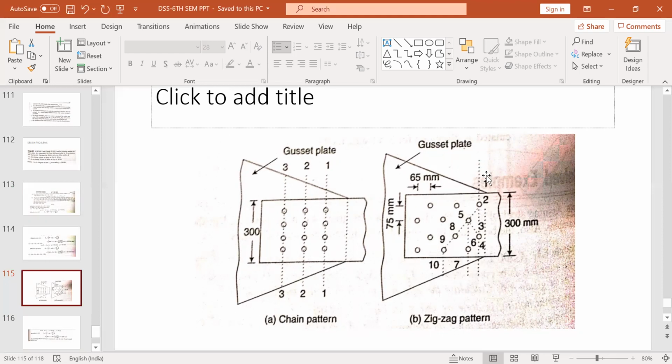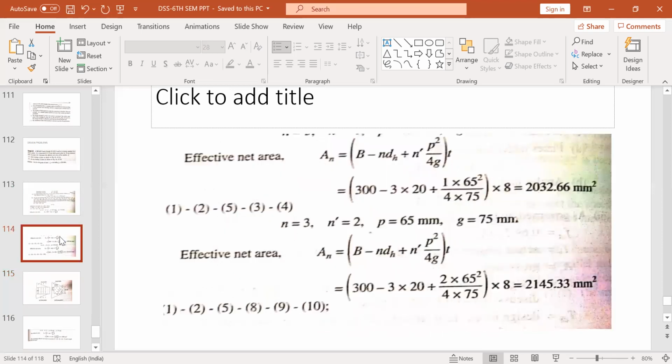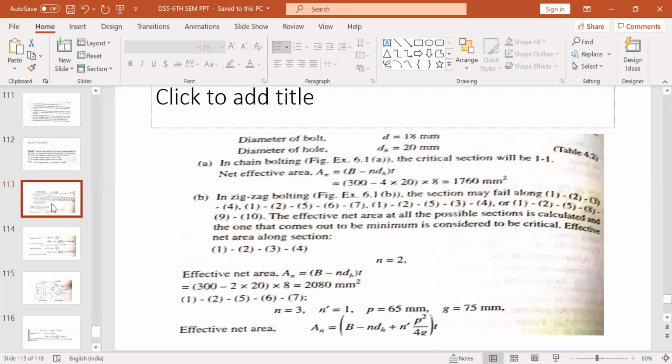So first, let us consider this section 1, 2, 3, 4. How many holes are there in this section? Only 2. Okay. So in zigzag bolting, the section may run along 1, 2, 3, 4, or 1, 2, 5, 6, 7, or 1, 2, 5, 3, 4.